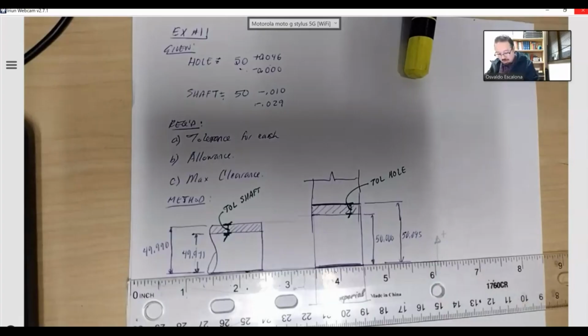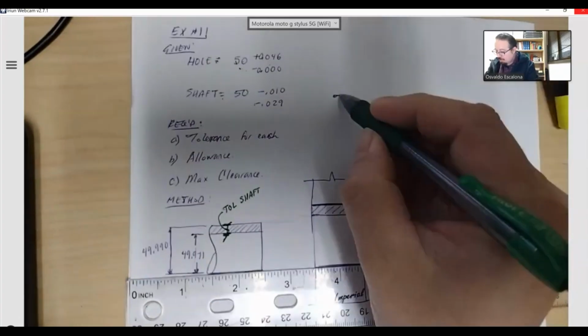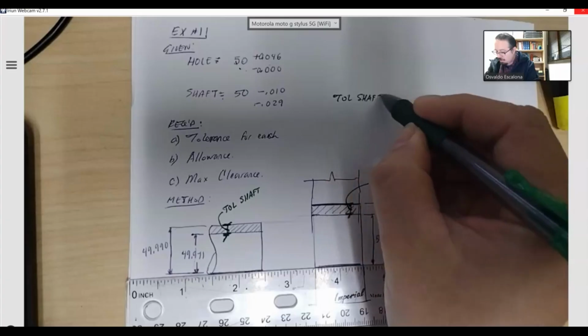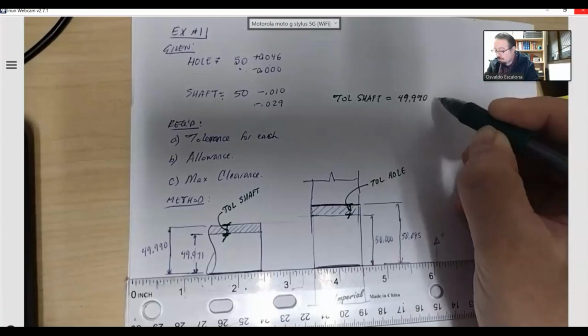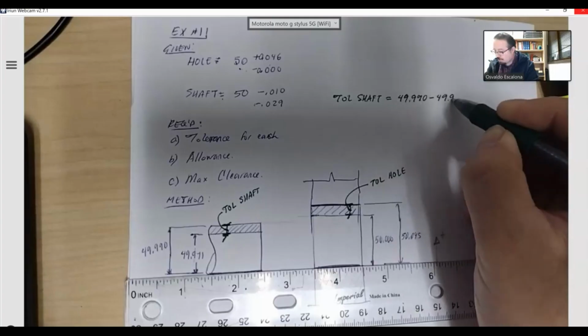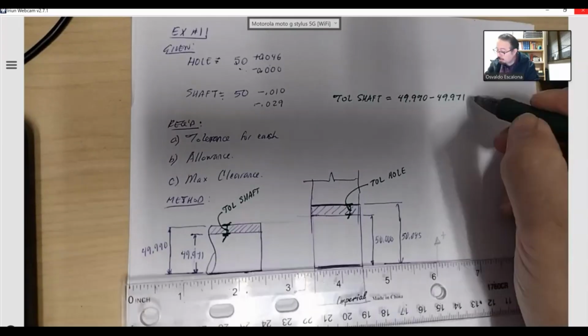So if I were to do that, tolerance of the shaft will give me 49.990 minus 49.971, which gives me 0.019.